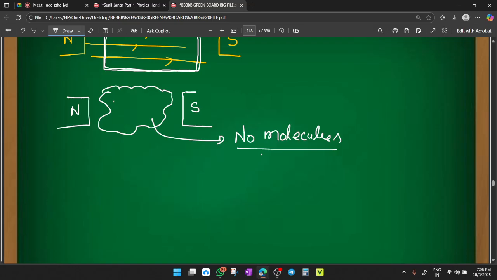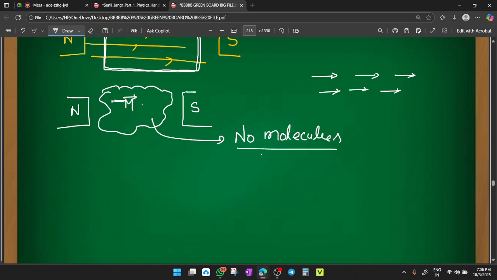So there is no way to generate any dipole moment, because a dipole moment is generated only when molecular magnets are present. If there are no molecular magnets, there is no way to generate any M.